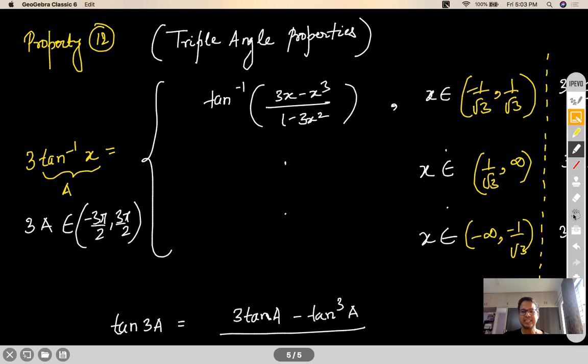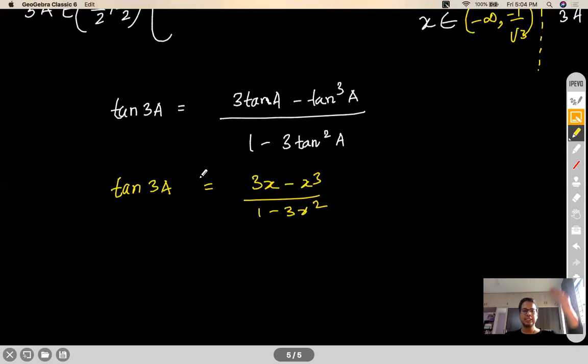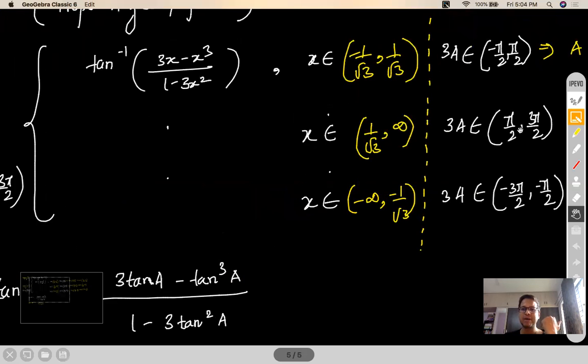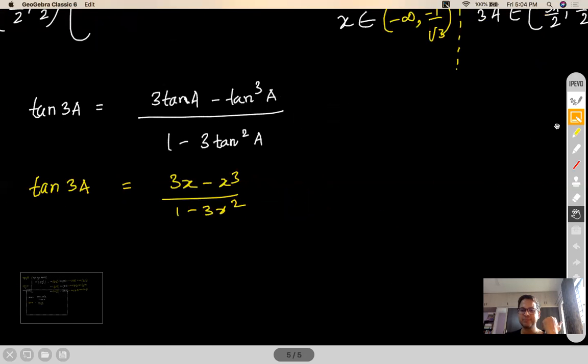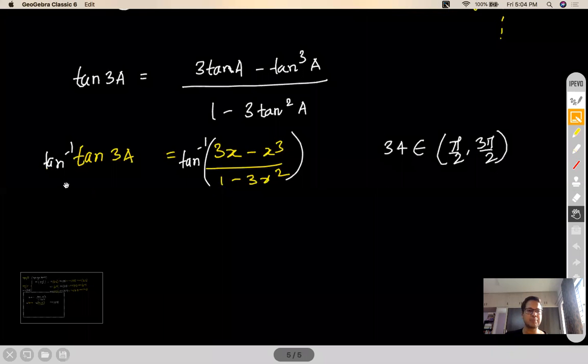Okay. Now, let's try to figure out the subsequent formulas. So now the second formula, if you recall, your 3a was between pi by 2 to 3 pi by 2. So when you take a tan inverse on both the sides, what is the outcome that should come from this operation?